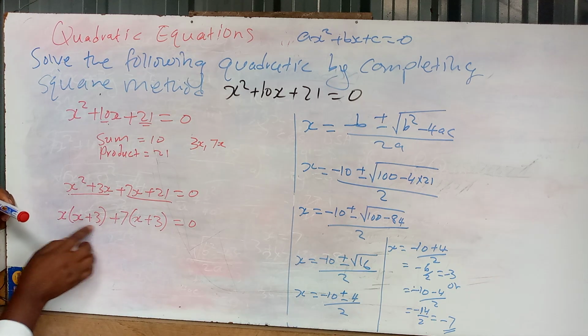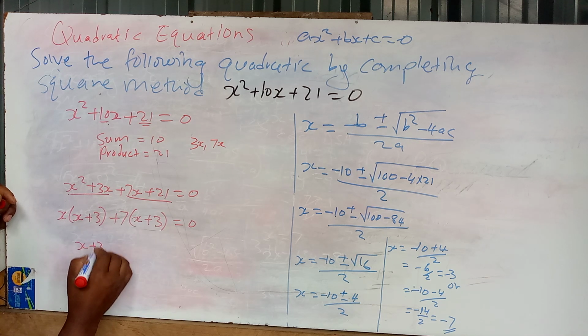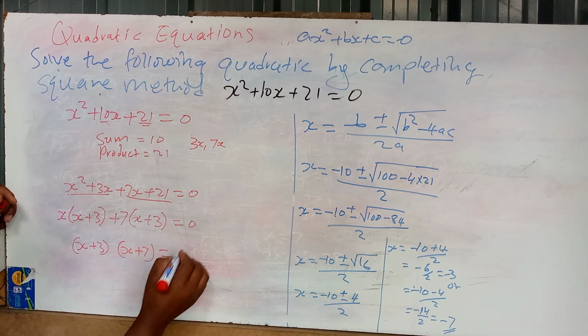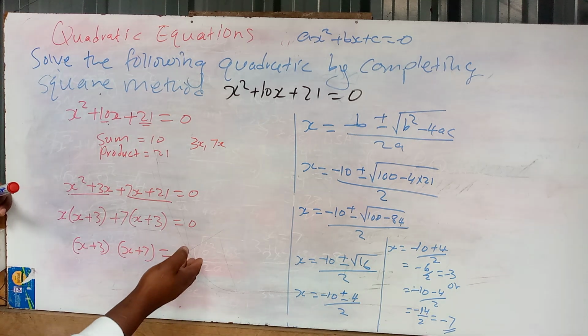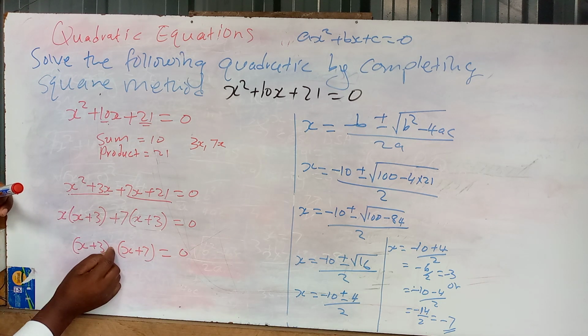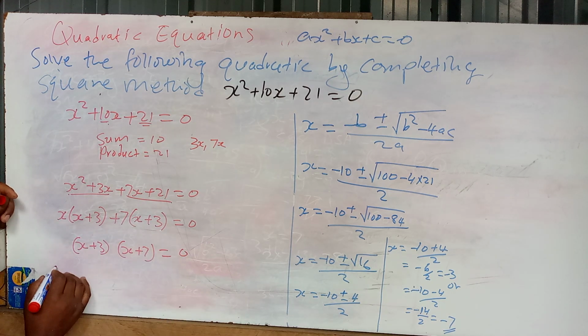Now, these two brackets are the same. So what do we do? x plus 3, then x plus 7 should give us 0. So when these two numbers are multiplied, they should give us 0. So that means either this number is equal to 0 or this number is equal to 0.